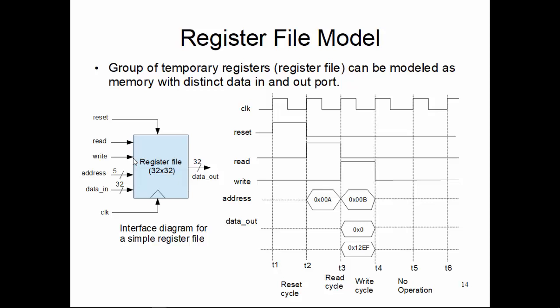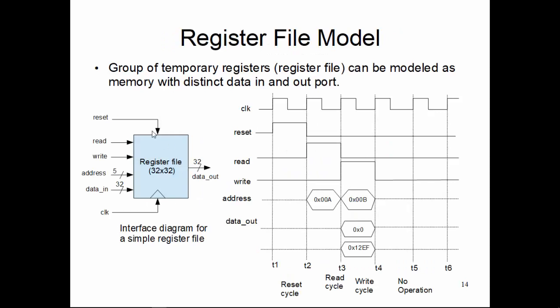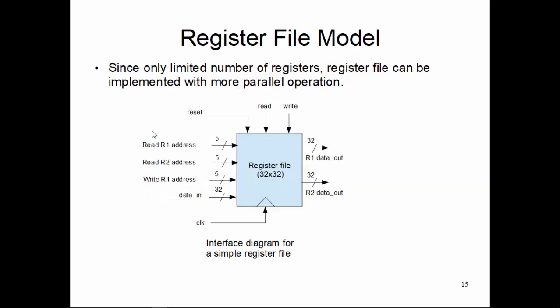Now we modify. So one step we modified, right, from this model to this model, and then we make more modification. Let's see. Since there is only a limited number of registers, like 32, we only need 5 bits for addressing and stuff like that.